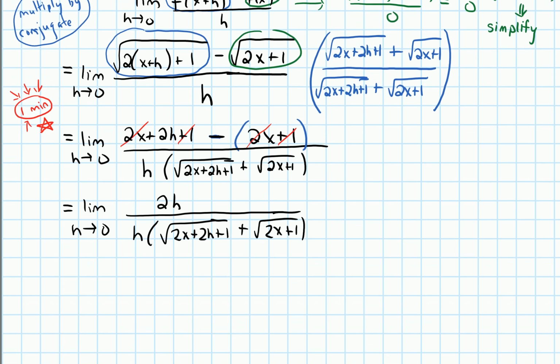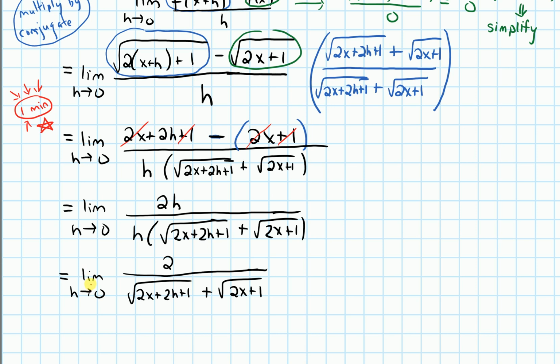And now we are in position to cancel those h's. So we will end up getting the limit as h approaches 0. If I cancel the h's, I get 2 over root 2x plus 2h plus 1 plus the other root 2x plus 1.